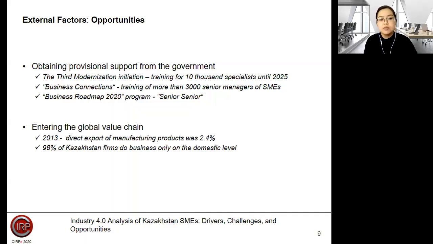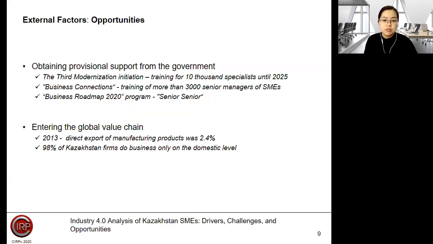Another positive impact of Industry 4.0 for SMEs, besides profit increase, is the possibility to consolidate into the global value chain and extend the current market niche. In 2013, the percentage of direct export of manufacturing products within Kazakhstan firms was only about 2.5%, while in neighboring countries the percentage was twice higher.